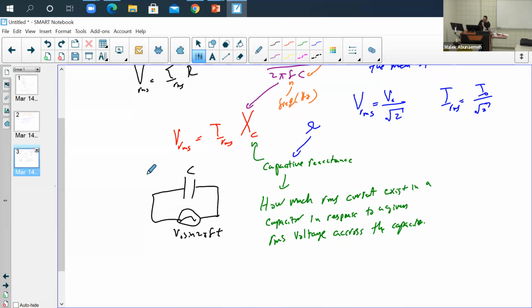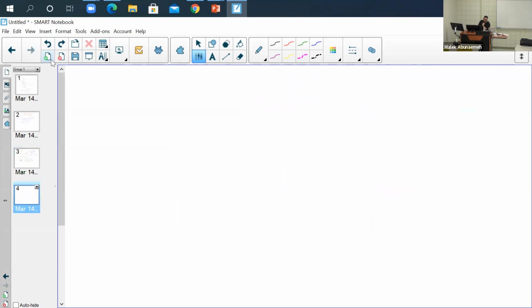So let's take a little example, shall we? Let's say, for example, you have a capacitance of 1.5 microfarads, and your root mean square voltage is 25 volts, and your root mean square current is unknown.